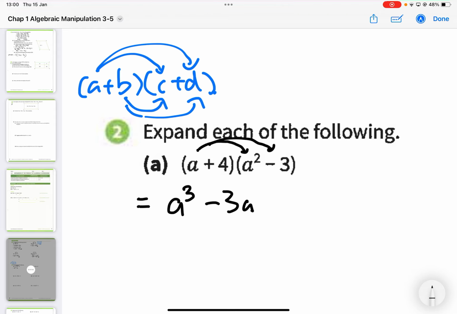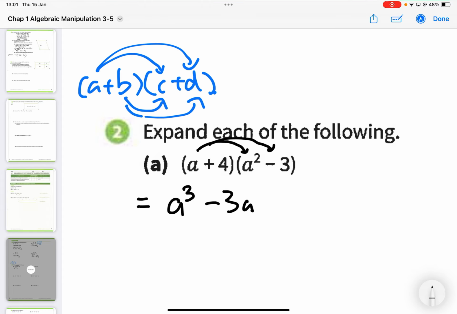Okay. Why is it 3A? Because just now we said before, A must multiply C, A must multiply D. So A multiplies the A squared to get A cubed. My A must multiply negative 3. A times negative 3, negative 3A. Okay? So I finish the first term from the first bracket.